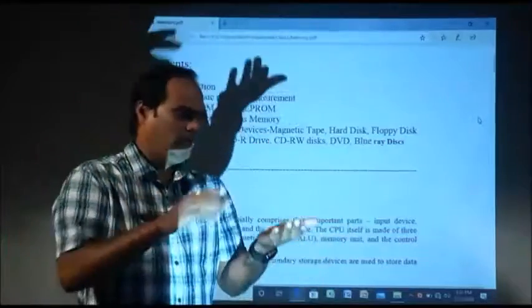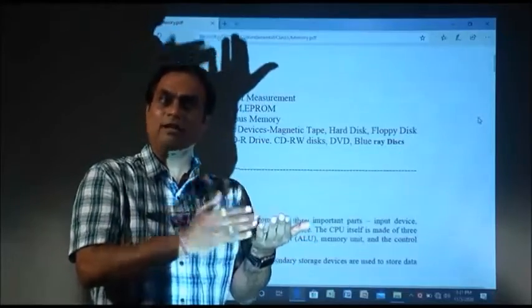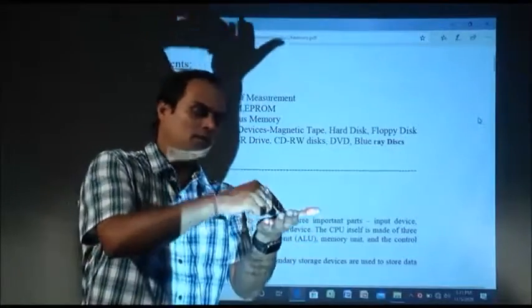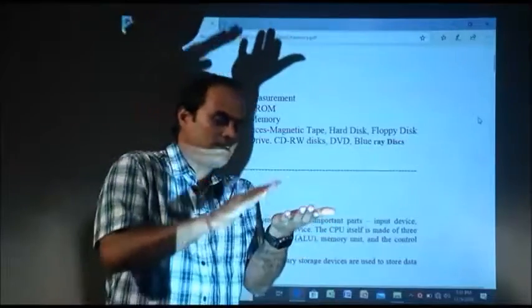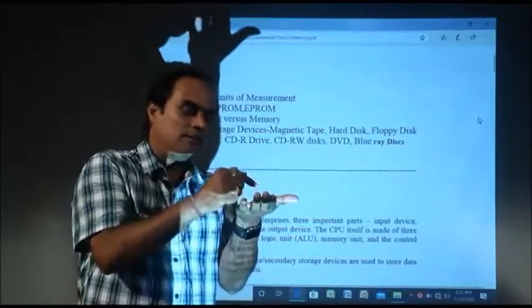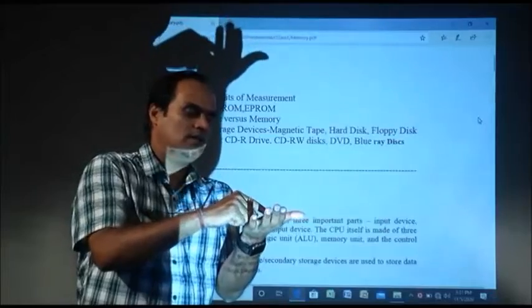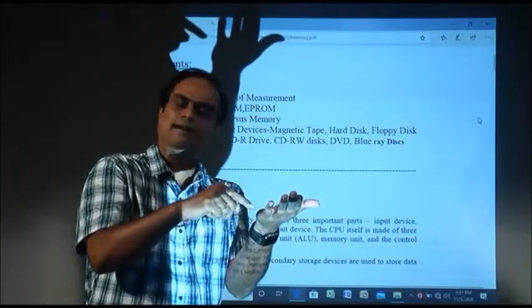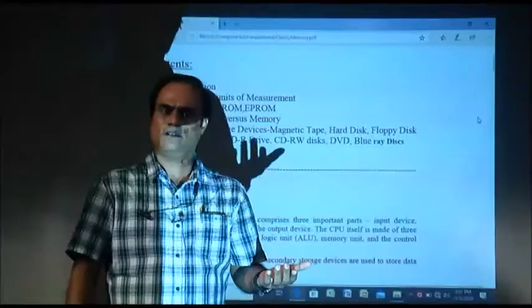If it is a similar type of instruction, a similar type of job, you can store it sequentially or randomly. But if it is a different type of action, then you have to first do this, second do this, third do this, fourth, and you keep a track.